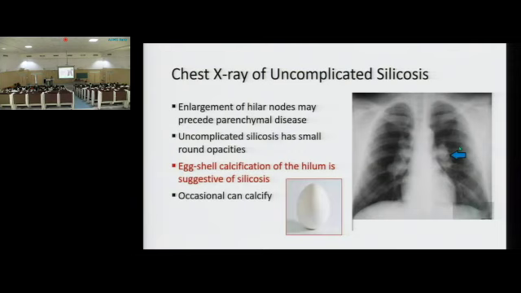You can see this is the eggshell, and due to repeated areas of fibrosis, they will have calcification, and these hilar lymph nodes look like an eggshell. That's why this question is asked again: eggshell calcification of the mediastinal hilar lymph nodes is seen in silicosis.